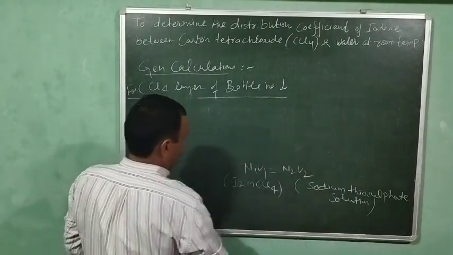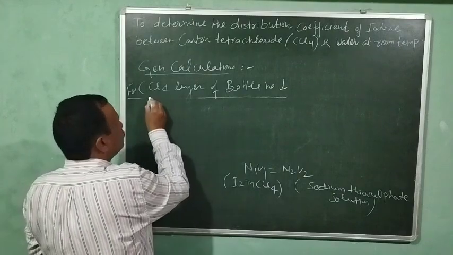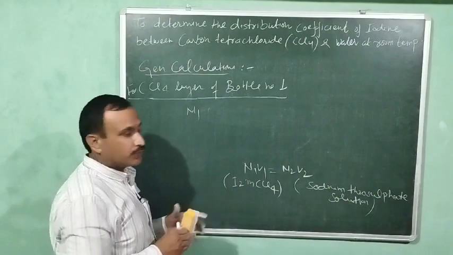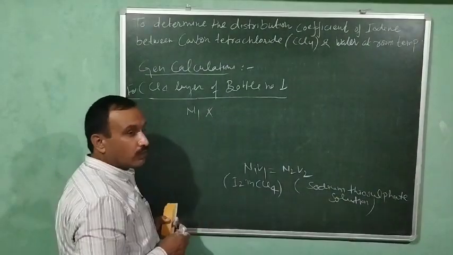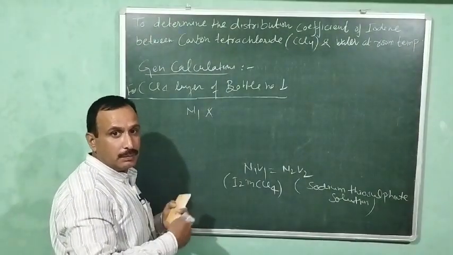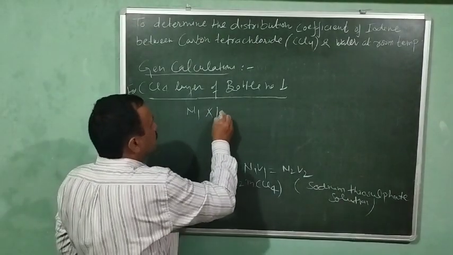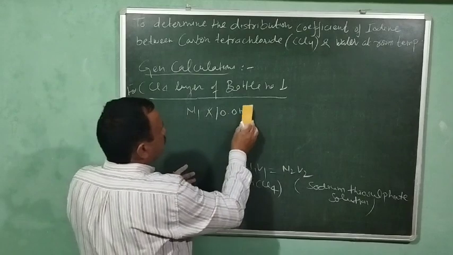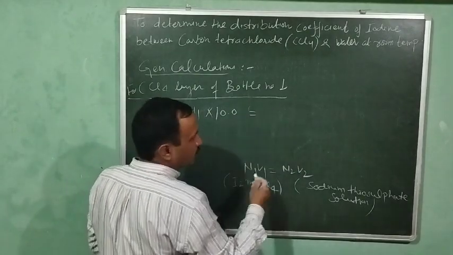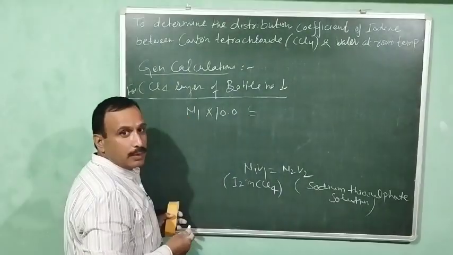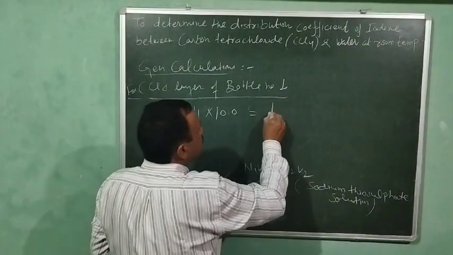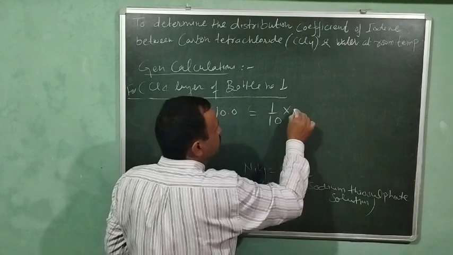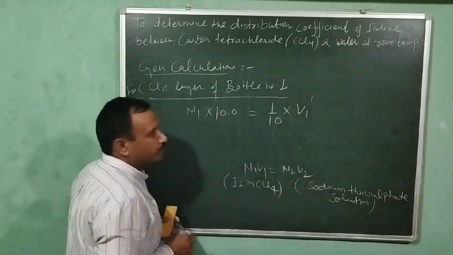Now the normality of iodine we want to calculate, so let it is N1, and volume of CCl4 layer which we pipette out is 10 ml. Okay, and the normality of the hypo solution is N by 10 or 1 by 10, and volume used we have supposed it is V1 prime.